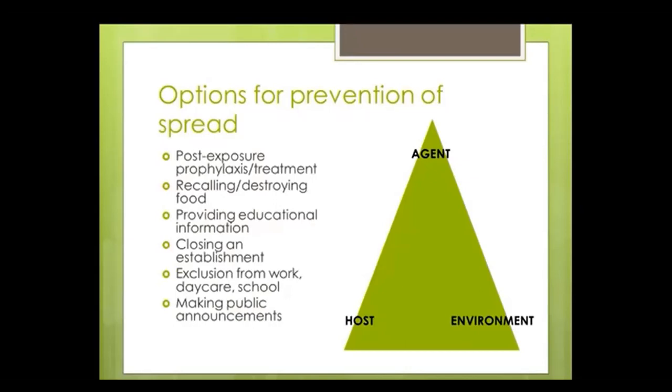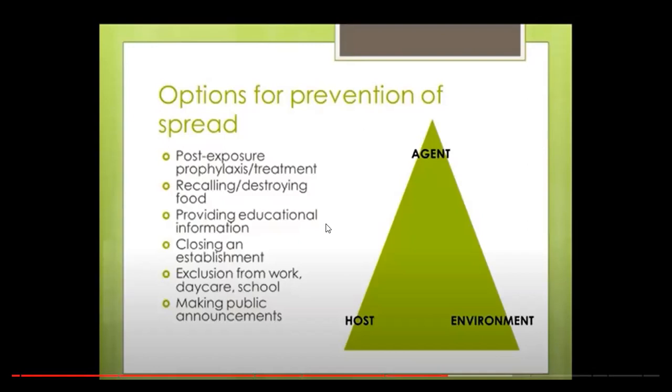We give educational information so that a person stays away from contamination or illnesses. We close eating establishments if they are proven to be unsafe. We exclude people from work or school or daycare if they are ill. And we also do it by making public announcements.